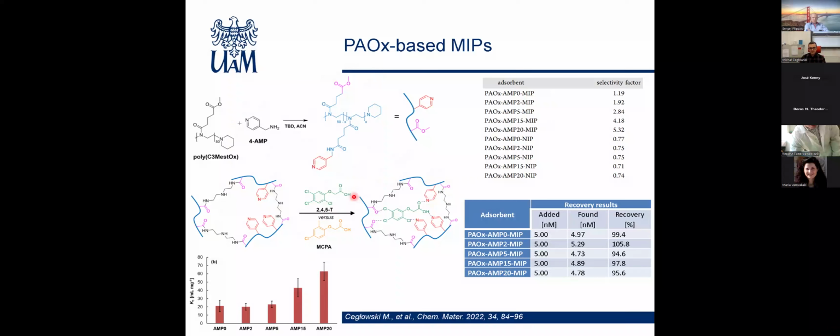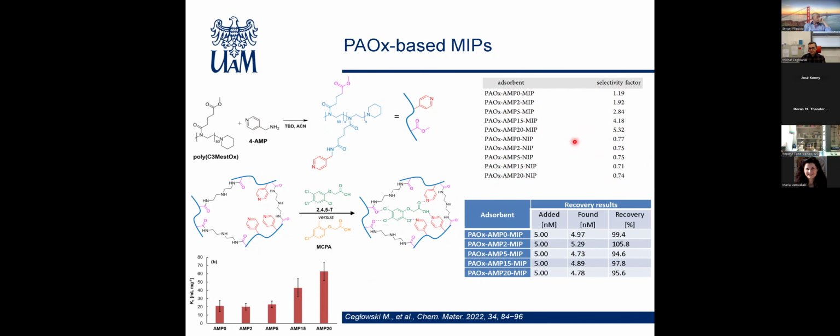So basically we investigated the adsorption capabilities of the system. And we also investigated versus a compound with similar structure from the same group, MCPA, also one of the chlorophenoxy pesticides. And we found out that increasing the AMP content, the aminopyridine, allows us to reach a very nice selectivity factor, much higher than the one obtained for the materials with lower AMP content, and of course much higher than the non-imprinted materials.